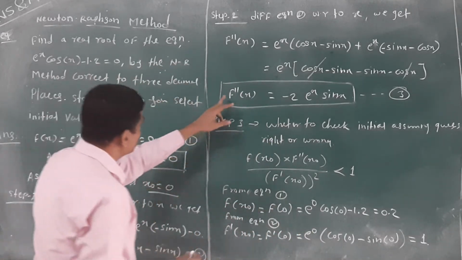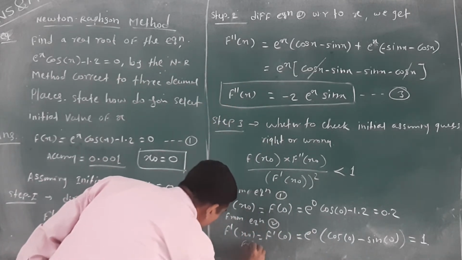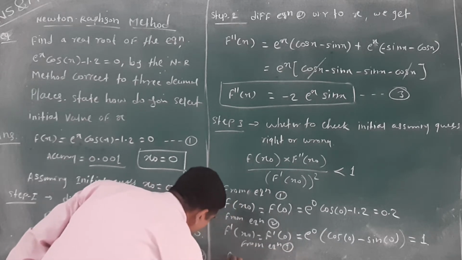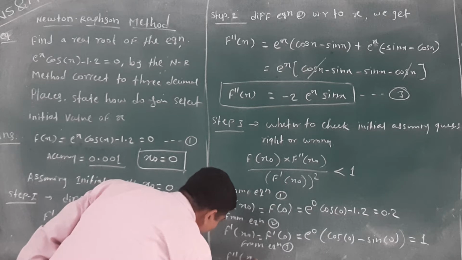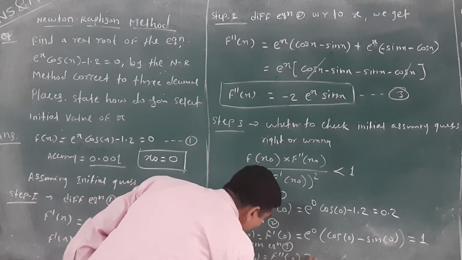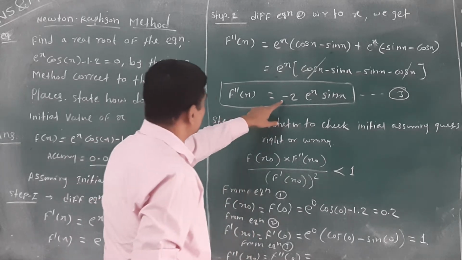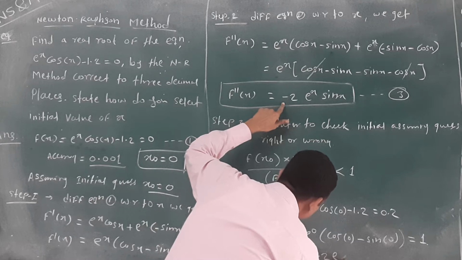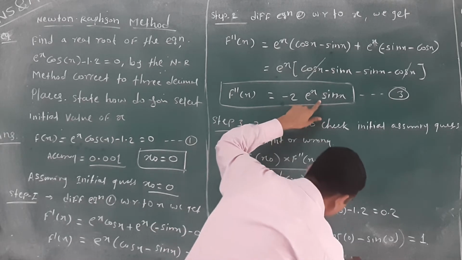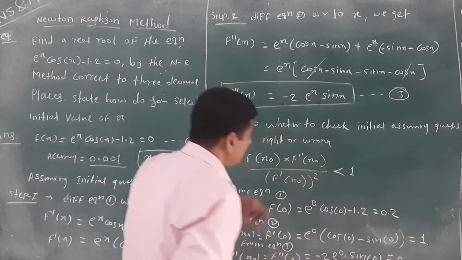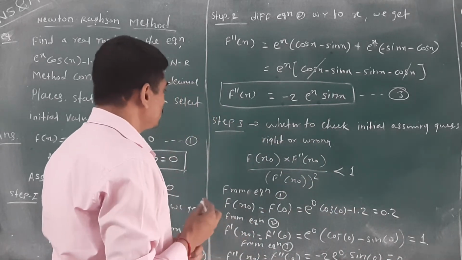And finally, from equation number 3, f double dash of x0 is equal to f double dash of 0 is equal to minus 2 into e raised to 0 into sin 0, which means you will get 0.